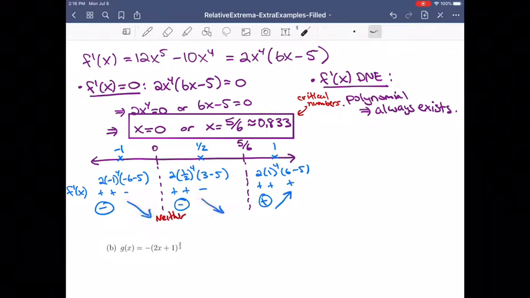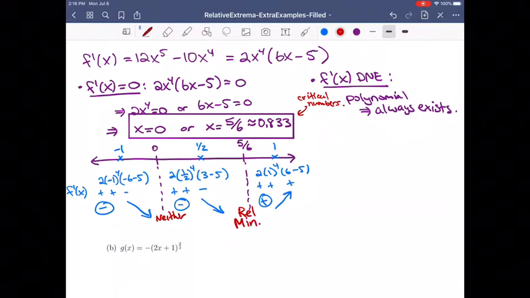So the graph is just leveling out and then keeps decreasing. So it's not a max or min. But at x equals 5 over 6, I decrease and then I increase, so it looks like we're getting a minimum. So here I'm going to have a relative minimum value.